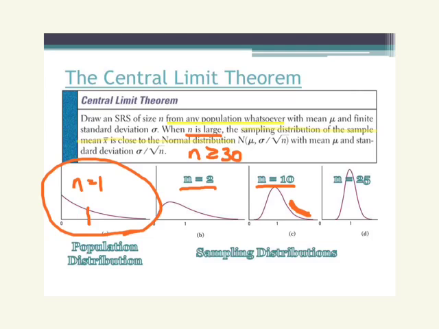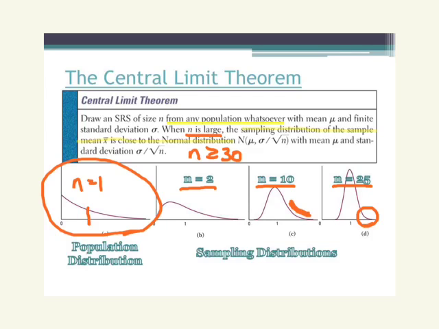In our final graph, we have n equal to 25. Again, our center is 1. This isn't perfectly centered on 1 yet, and we still have a little bit more right skew in this graph. But as our sample size increases, what it does to that population distribution in creating the sampling distribution is eliminate the skew.